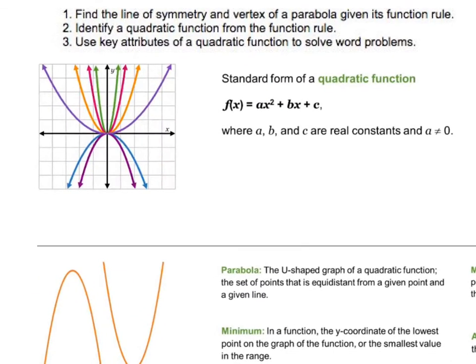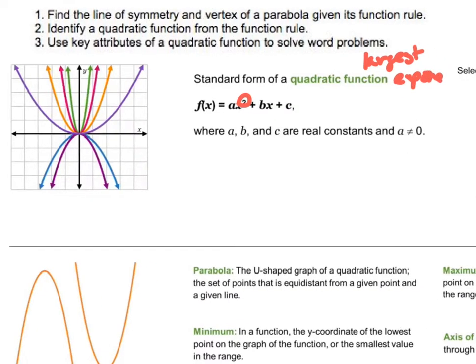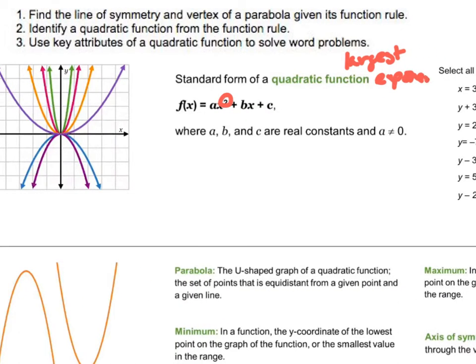function is. A quadratic function is a function whose largest exponent is 2. That tells us what we have.